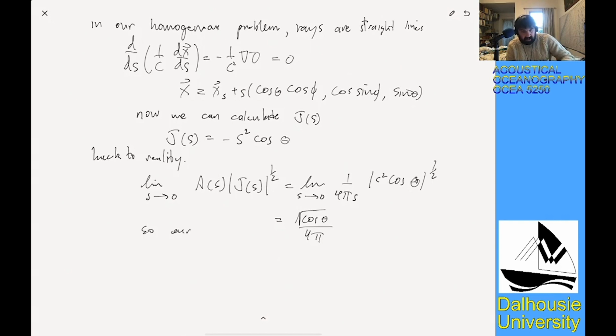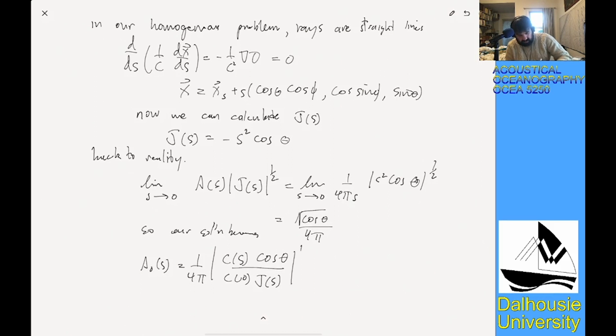We plug that into our earlier solution. A naught of s equals 1 over 4 pi, c of s cos theta over c naught, and the new Jacobian, take the square root.